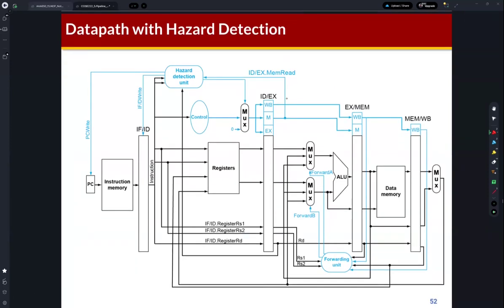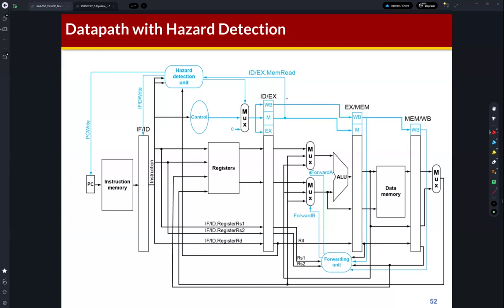So this is the architecture, the architecture of the data hazard detection unit. As you can see, the hazard detection unit is in the ID stage, because we apply this hazard detection when the following instruction is in the ID stage, right?